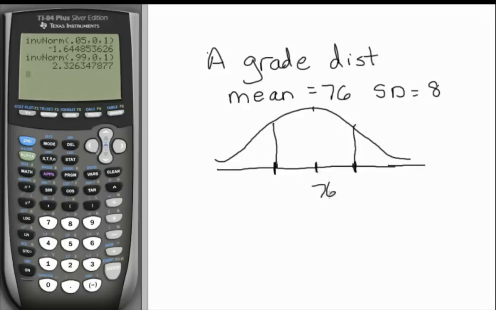We're given that 44% of the grades lie in the middle. And I'm going to call this x1. I'm going to call this x2. x1 represents the boundary between the D's and the C's. x2 represents the boundary between the C's and the B's.